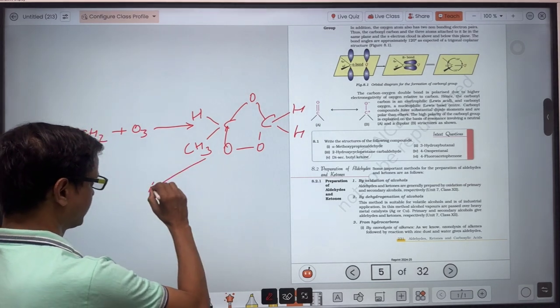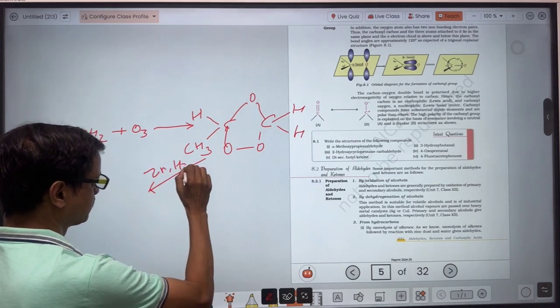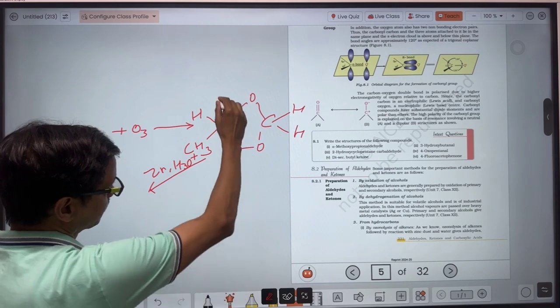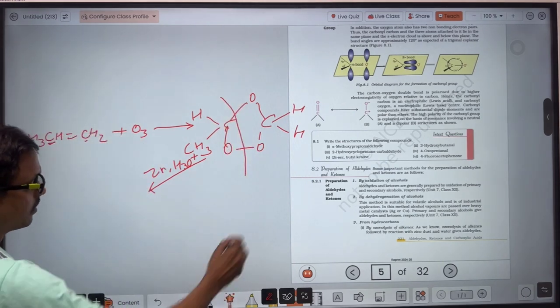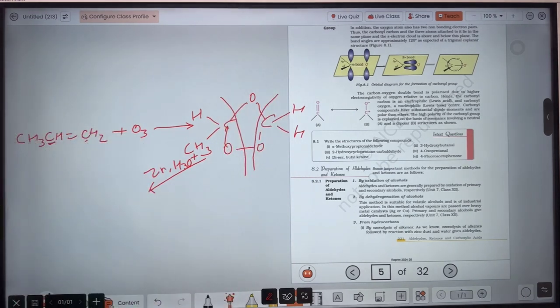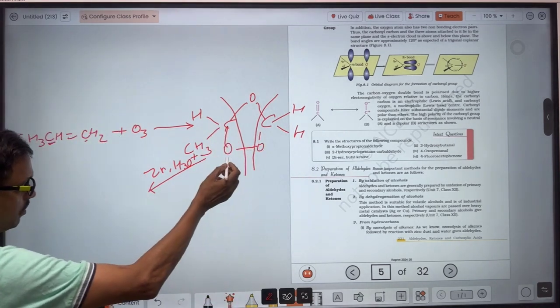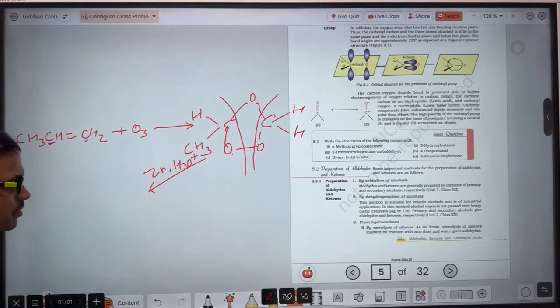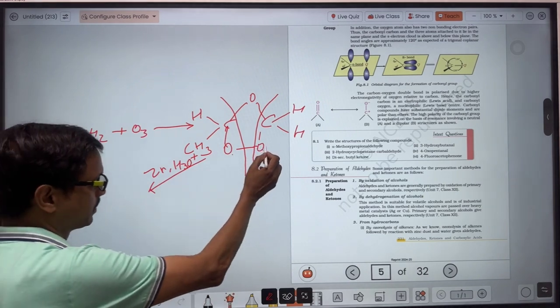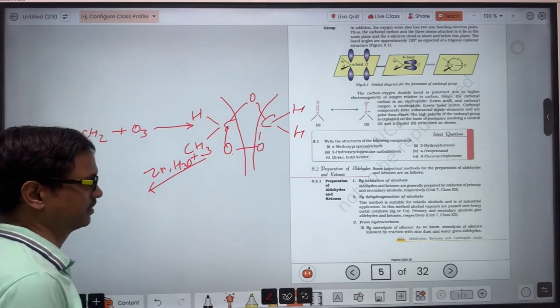Then after, it will react with zinc and acidic water. So what happens? The bond will dissociate from here and from here, the bond will dissociate from here, from here. So this oxygen will do double bond formation to this carbon and this oxygen will do double bond formation with this carbon.